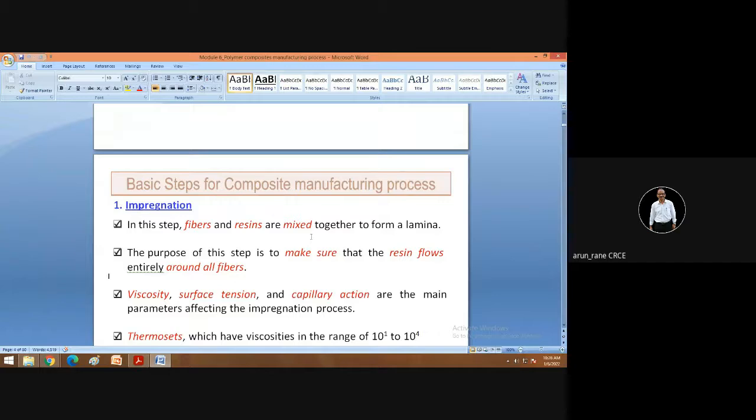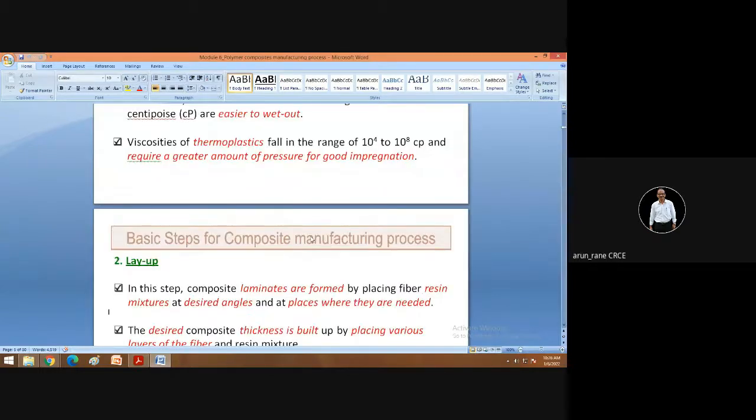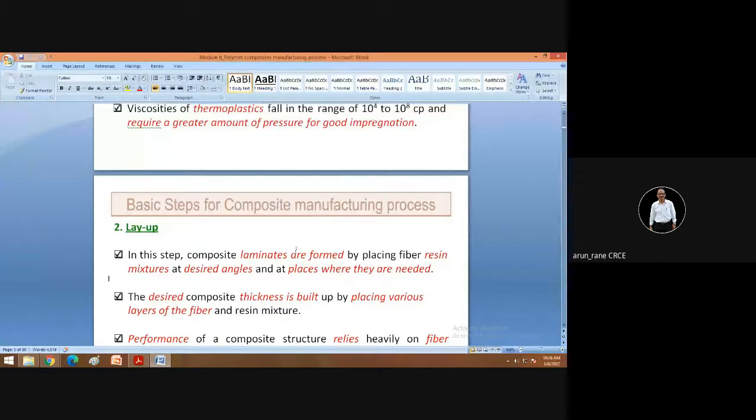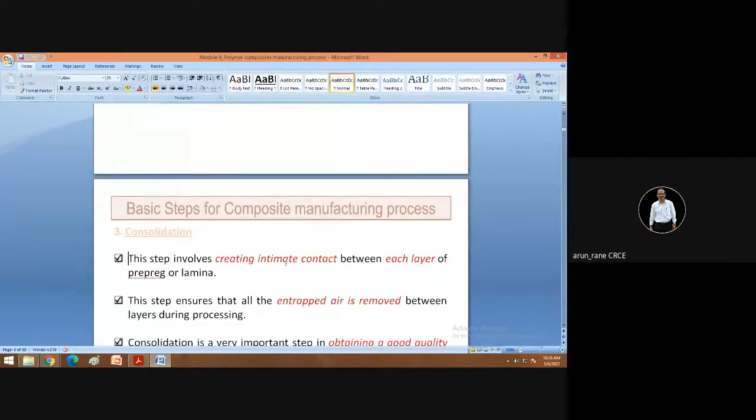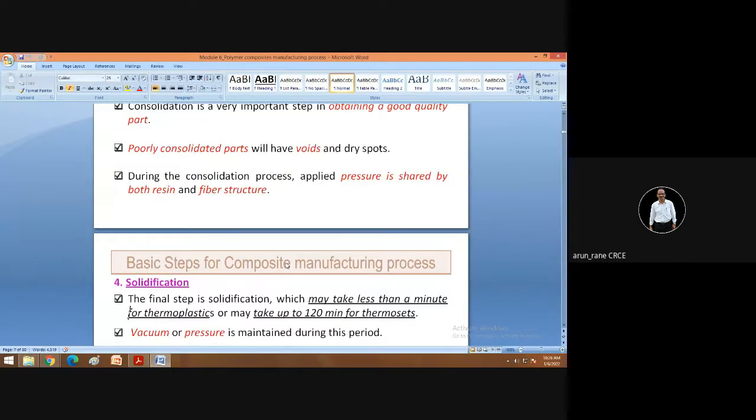I'm just telling you the important steps only. In layup, the laminates, that is thin sheets, are placed one above the other. That is called laying up. Then consolidation, that is you are bonding it, creating contact. And then finally you have to solidify it.